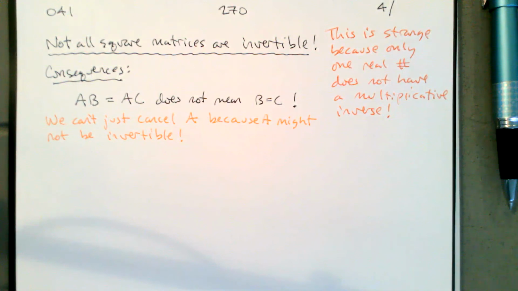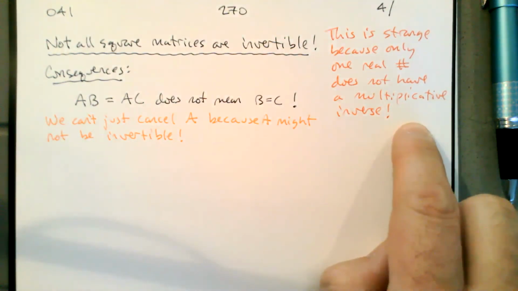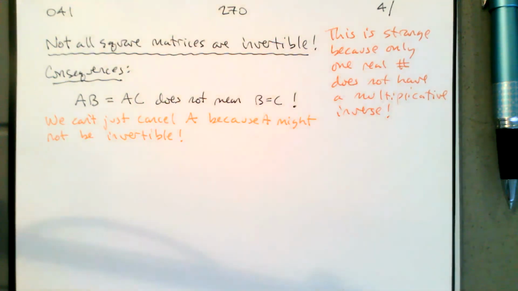So the same thing is true in real numbers, but since there's only one number that breaks it, we just let that go. So if xy is equal to xz, that doesn't really mean that y is equal to z, but the only time it doesn't work is when x is 0.